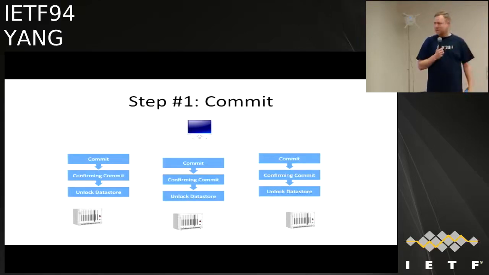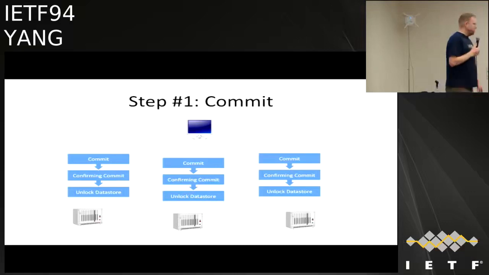So you're back to where you were. If they all work, then you can reliably just confirm the commits and then unlock the data store. So this will formally protect you from the common mistakes that we all make, in the sense that it provides two-phase commit-based transactions. Any questions?